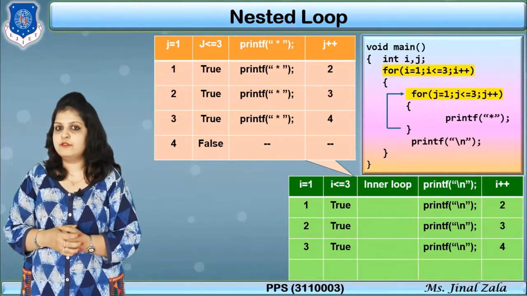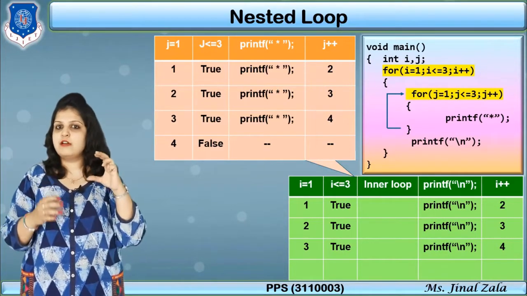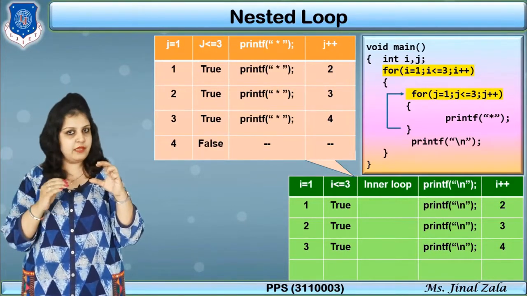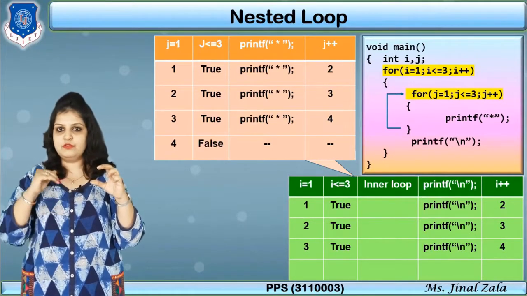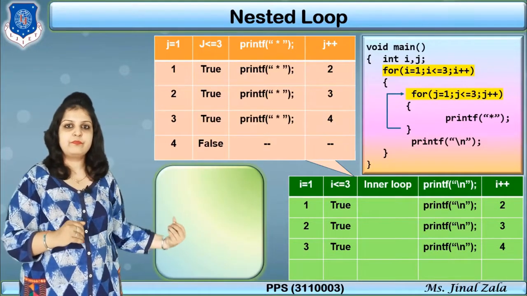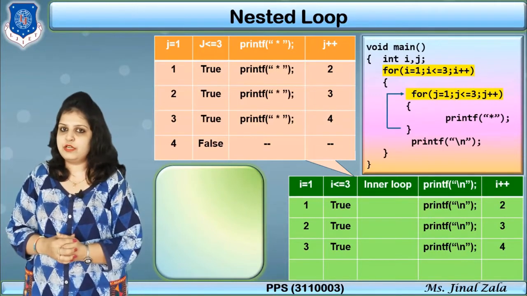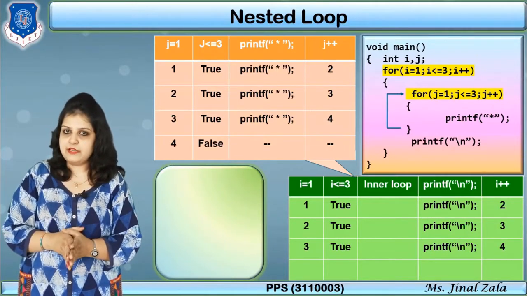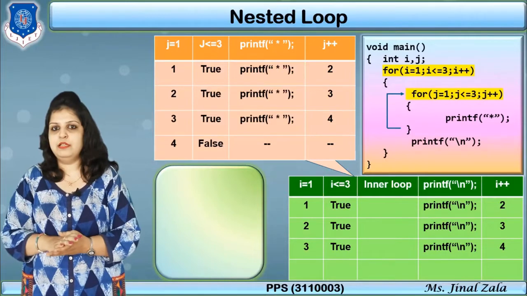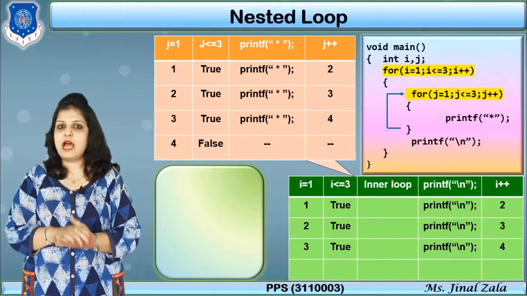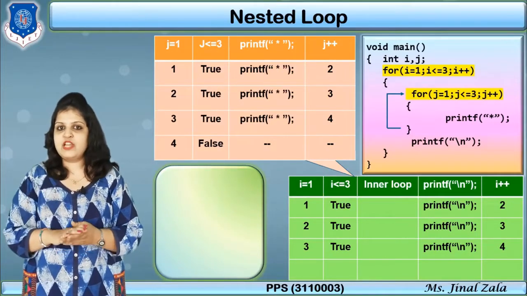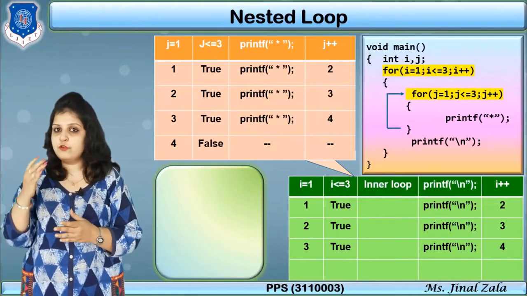No, condition false. So our inside loop execution stops here and control goes to the next statement, that is printf /n, and /n will be executed, then after that our I will be plus plus. Now our I becomes 4 and check the condition of our row loop.